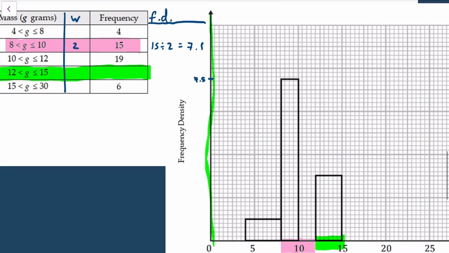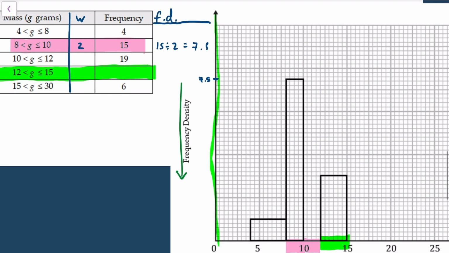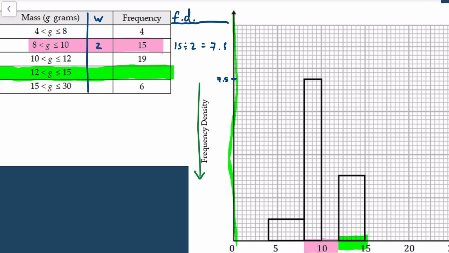Now, just be very careful when you work this out. If you're not certain what the scale is going to be on this axis or how many squares, see if you can work something else out. So let's go and have a look at this bar, which is 4 to 8. 4 to 8, width of 4, and it's got a frequency of 4, so 4 divided by 4 is equal to 1. So that's nicer.